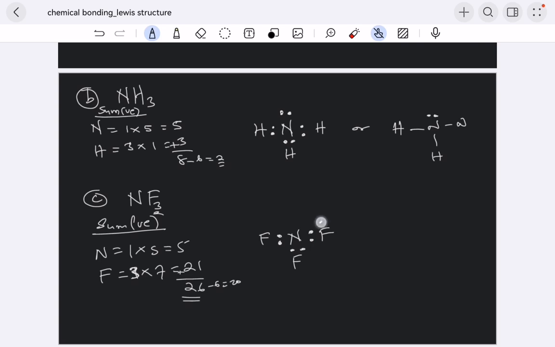So we're going to distribute, that is 6, 7, 8, 9, 10, 11, 12, 13, 14, 15, 16, 17, 18. We subtract 18, you remain with 2. So the 2 will be put there as lone pairs. So this also can be written like this, and then we distribute.